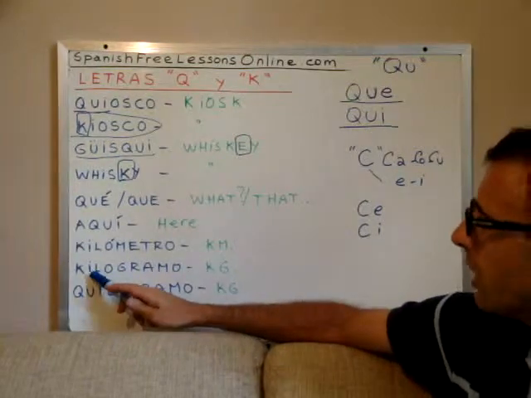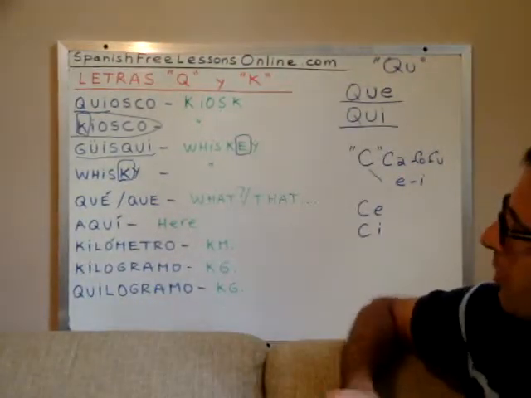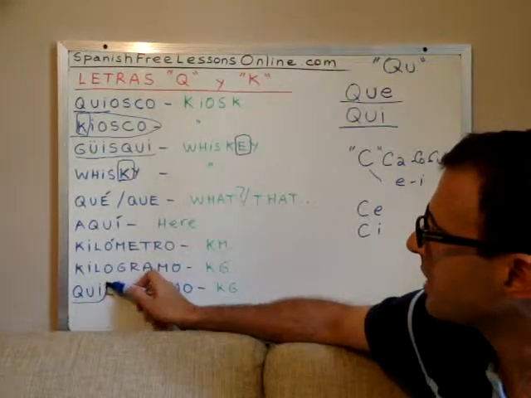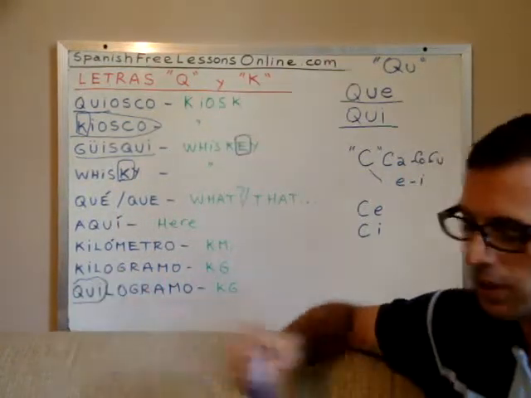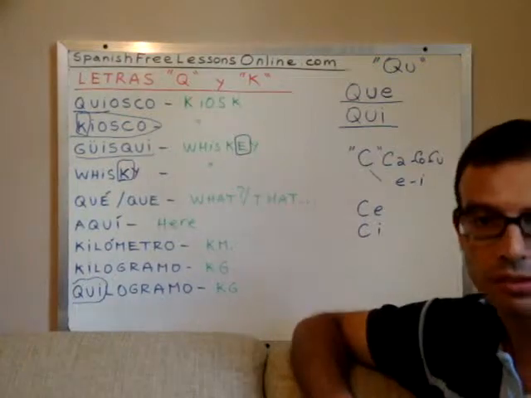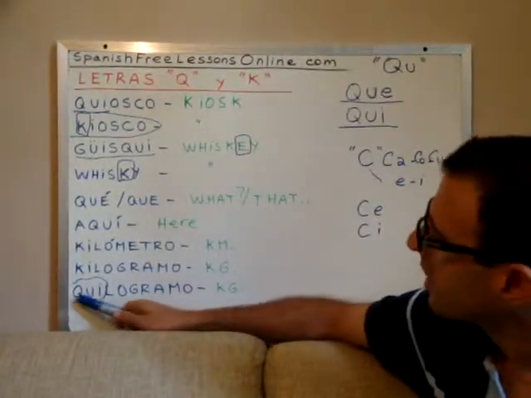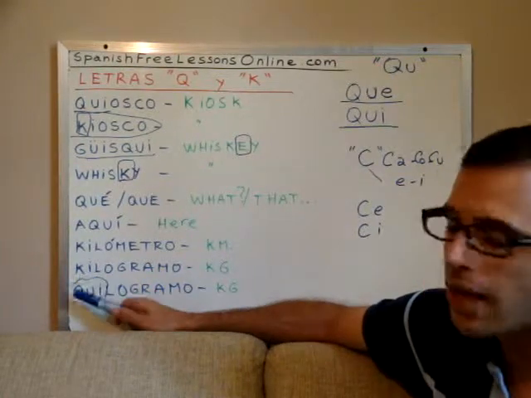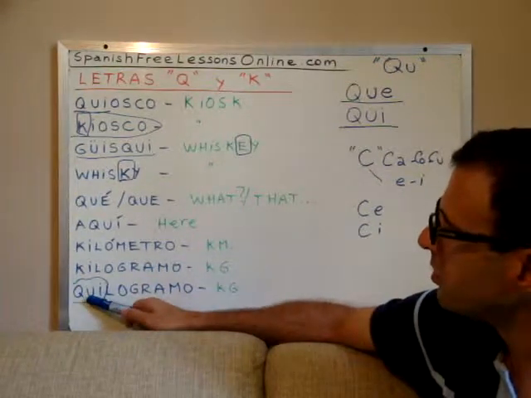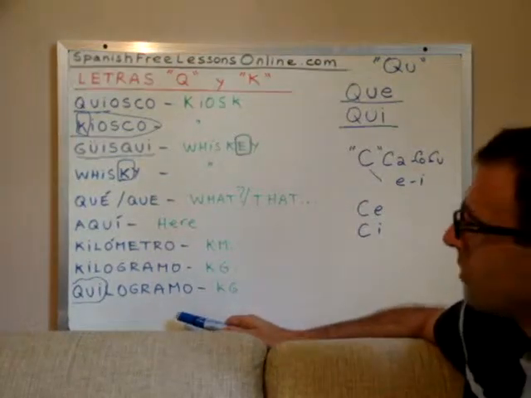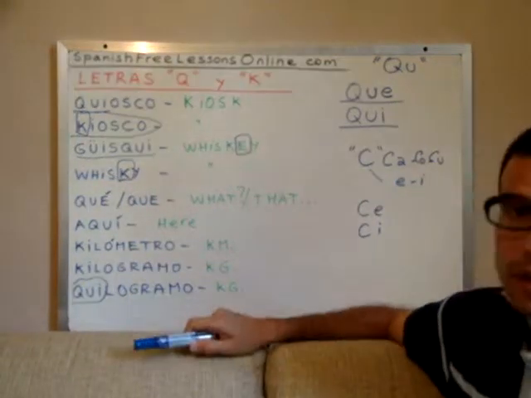And kilogramo or kilómetro, you can also write it with Q, okay? Total Spanishization, if you want to call it like that. Españolización or castellanización. You replace the K by the QU and you have quilogramo. You can do the same with quilómetro.